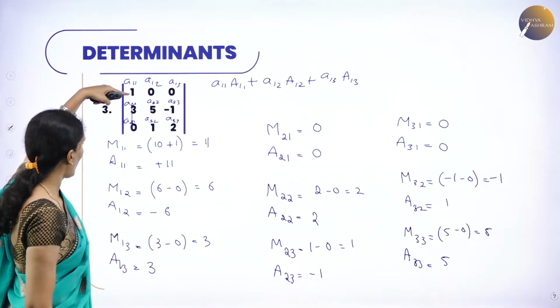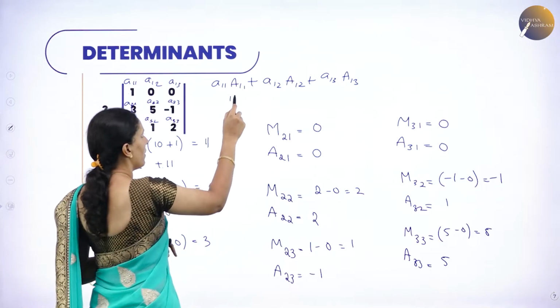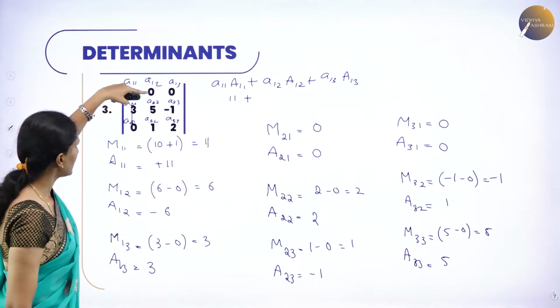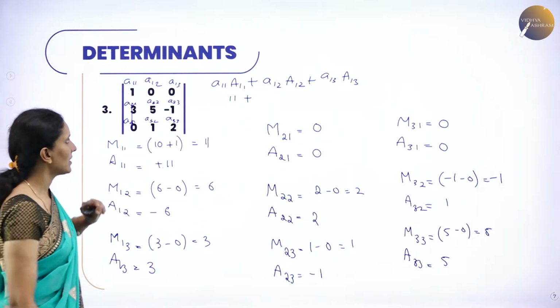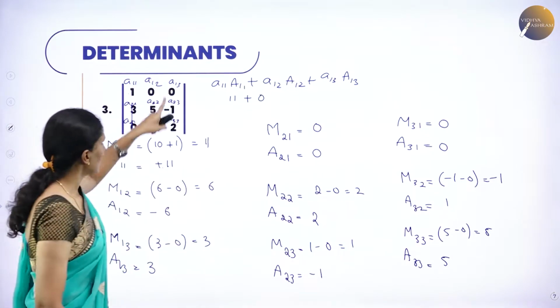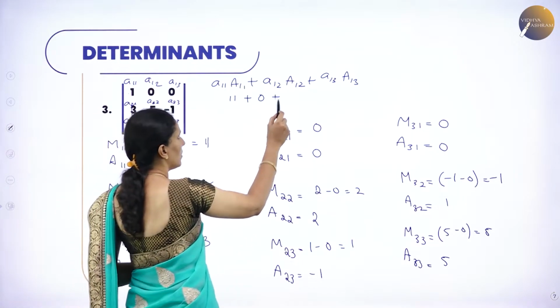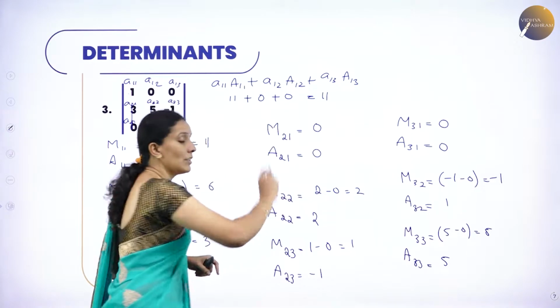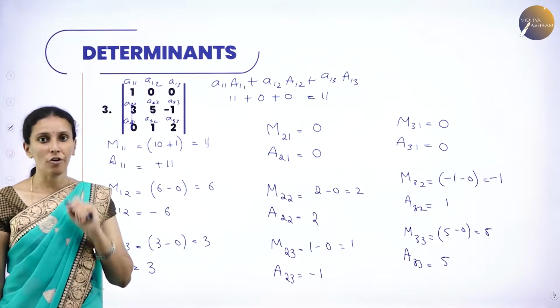We are multiplying 1 into 11 which is 11, plus A12 is 0 into minus 6 which becomes 0, and the last A13 is again 0. So the value is 11. This is always equal to the value of the determinant.